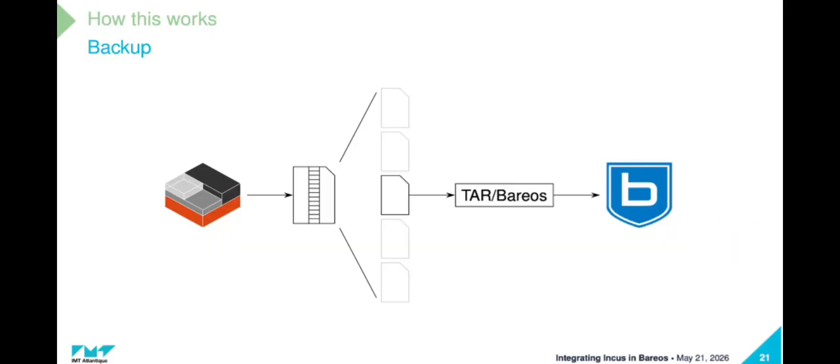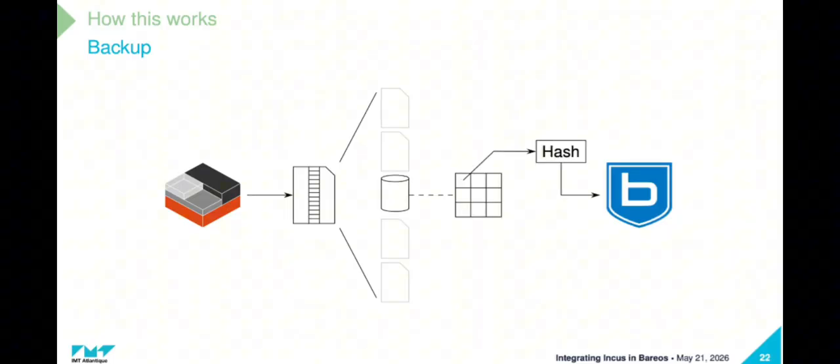Now, for virtual machines, it's a little trickier. For virtual machines, if you have a big hard drive, let's say several hundred gigabytes or even terabytes, if you store the whole disk as a single file, you'll have some trouble performing incremental backups, because if you modify only a single byte in your whole disk, the disk has changed.